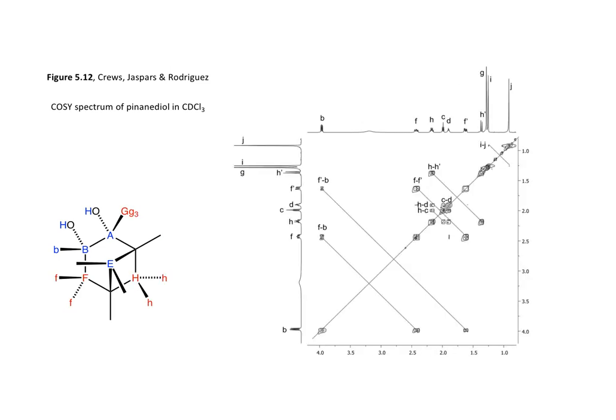The COSY spectrum prominently shows correlations of each proton of F with proton B, which corresponds to this portion of the molecule, as well as the 2-bond couplings between the protons on F and the protons on H. One thing that also stands out is that the protons at H correlate with protons D and C, and that protons C and D are correlated.